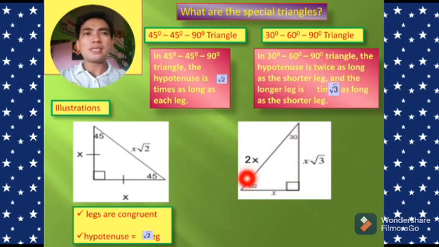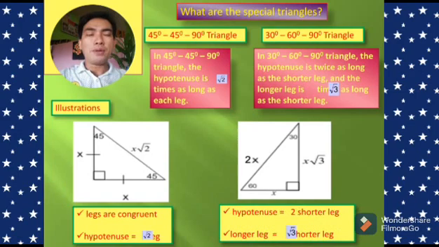And 2x, which is opposite to the right angle, would be named as your hypotenuse. Always remember, the hypotenuse is equal to 2 times the shorter leg. And the longer leg is square root of 3 times the shorter leg.